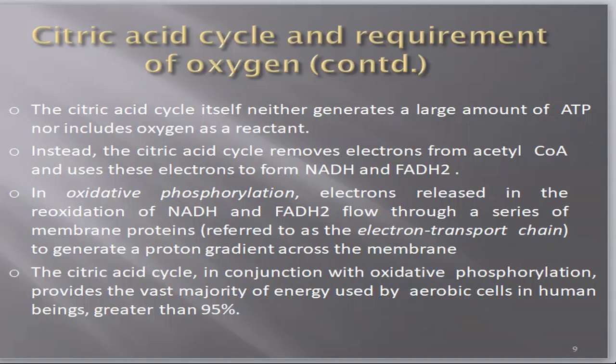So, in order to continuously run this electron transfer, the oxygen attached to the fourth complex plays an important role, as it is there to accept the electrons coming into the electron transport chain.